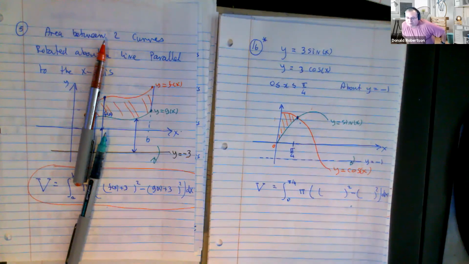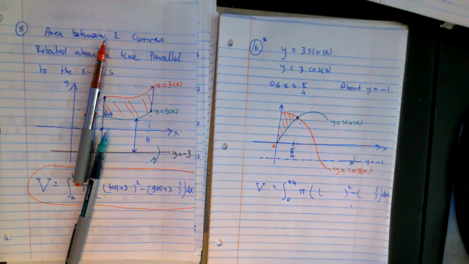Okay, which one of them is the f of x guy? Red or it's kind of green, bluey green. Which one is the f of x in this story? The red one. The red one.